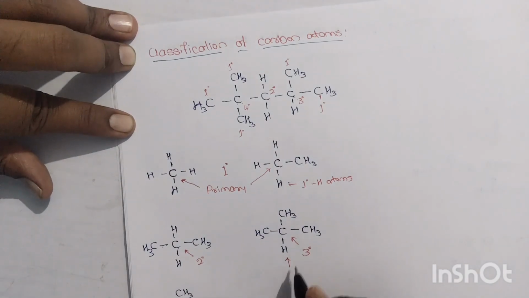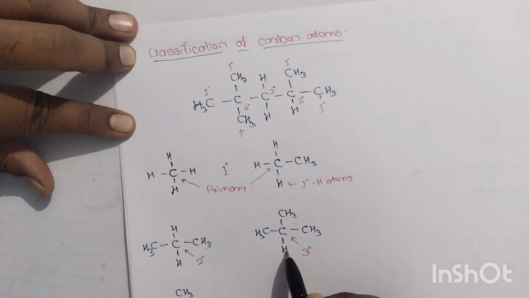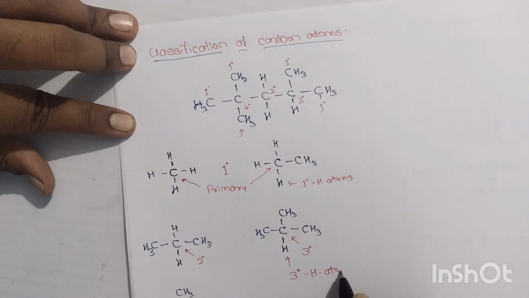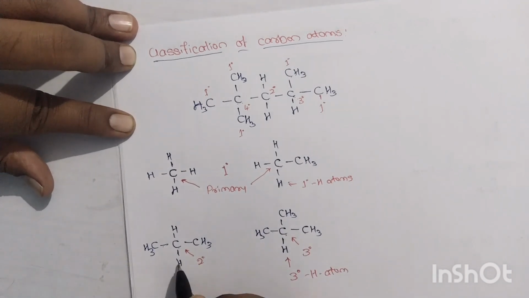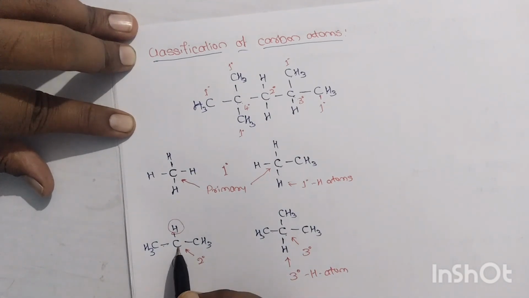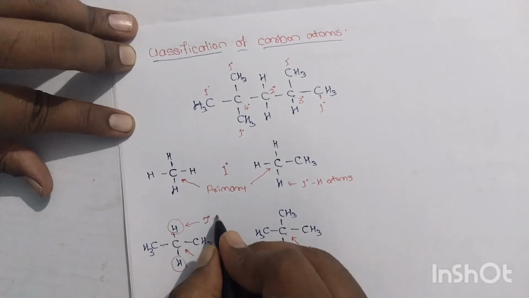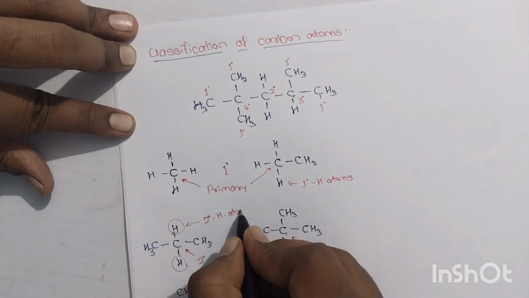This hydrogen is attached to a tertiary carbon atom, because this carbon is attached to 3 carbon atoms, so this is tertiary. This hydrogen is attached to this tertiary carbon atom, so this hydrogen is called a tertiary hydrogen atom. What about this? There are 2 hydrogens which are attached to the secondary carbon atom, so these 2 hydrogens are called secondary hydrogen atoms.